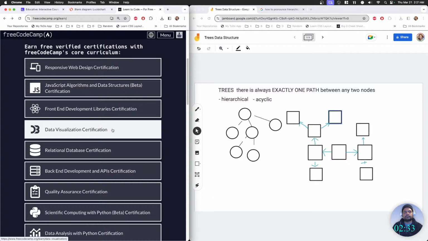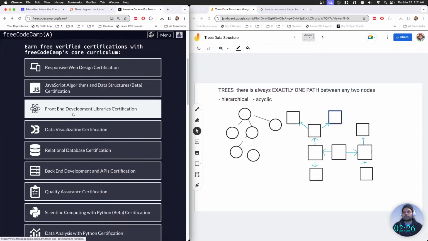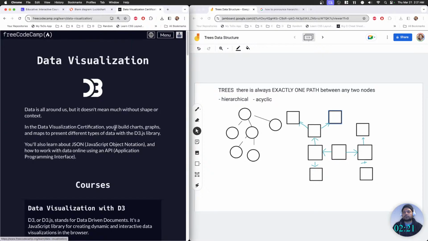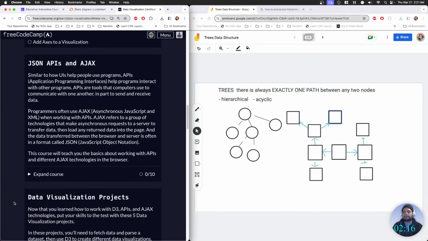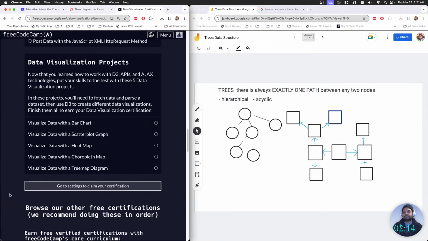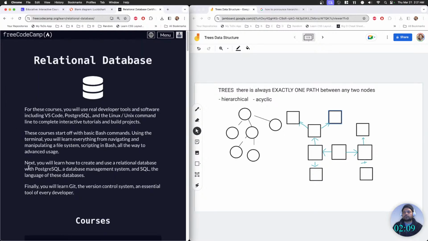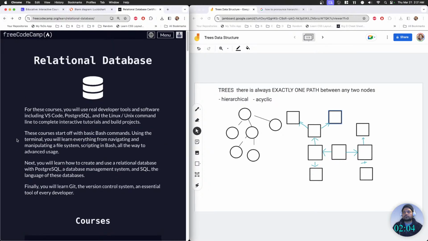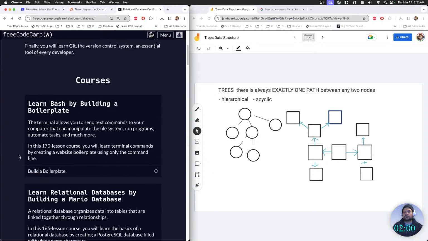Yeah, it's March. I definitely want to finish this. So I did this in February. I want this to be March. And I guess I'll do these in April. Data visualization, D3. Yep. Is this 170?